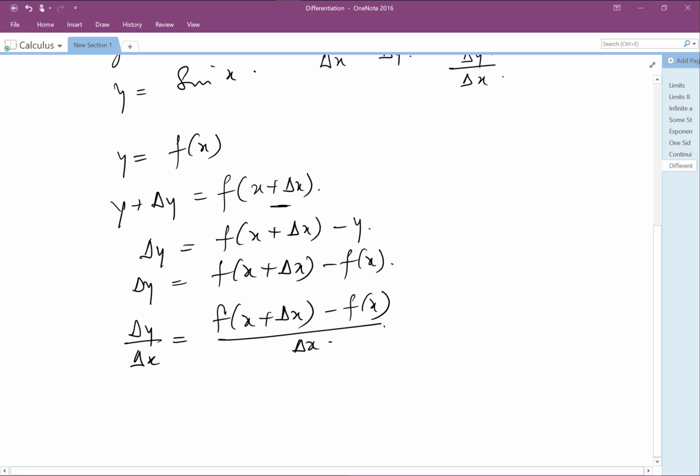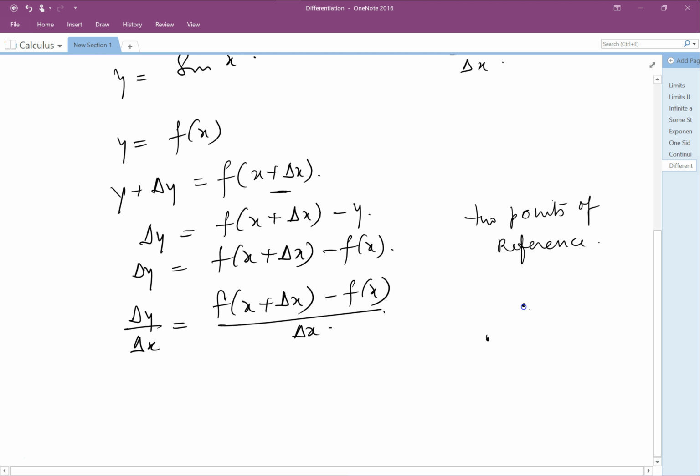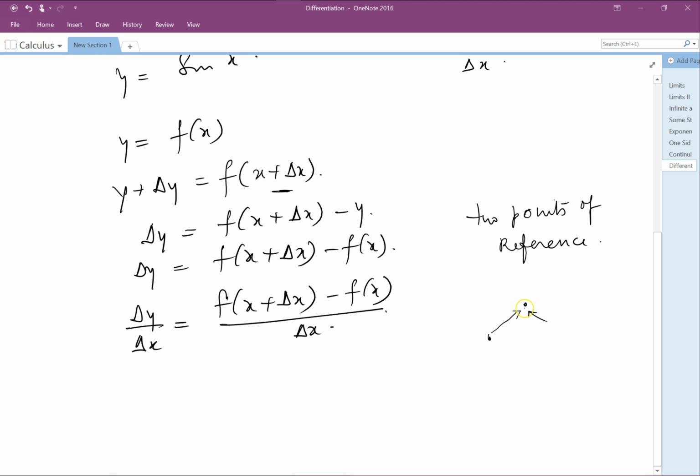Now here remember we still have 2 points of reference, but we want the rate of change at a particular point. Alright, so we have 2 points, but we are interested in the rate of change only at this point. So which means we have to bring this closer and closer to the point of interest. As it gets closer and closer, the change in x has to get smaller and smaller.